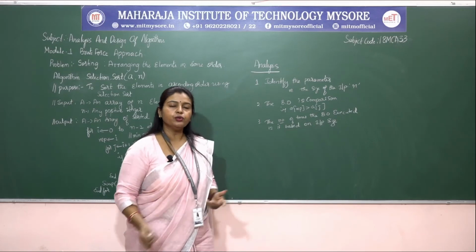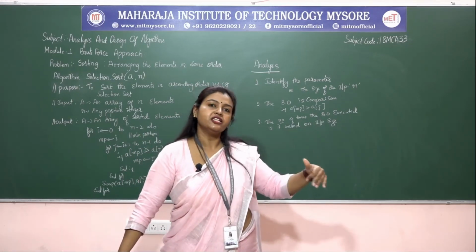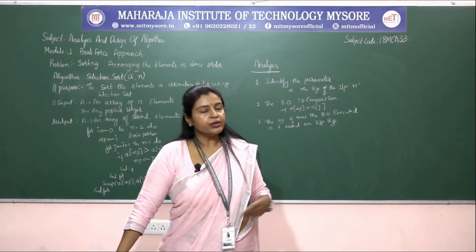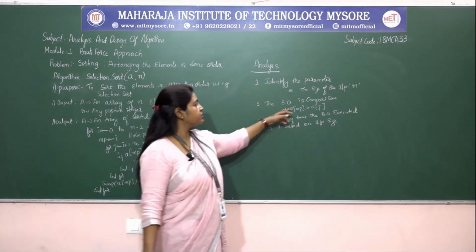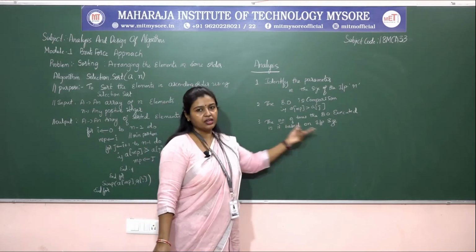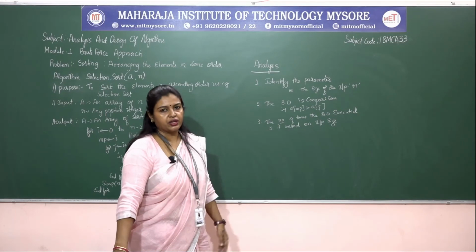Obviously here we need to check all the elements. We are going to do the comparison between all the elements present in the given array. Because of that, the number of times the basic operation, that is the comparison, is executed is based on the input size only. Therefore there is no best case and average case.